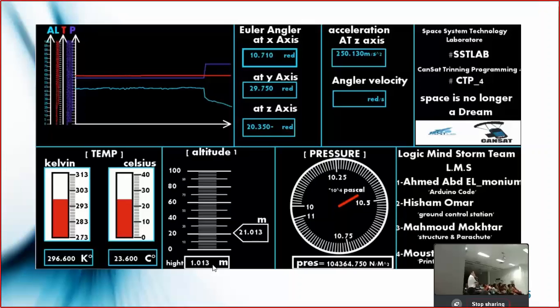We have 2 values. The first one is for the height of our reference line, which is the ground or the 0 level that we stand on, while the 21 meters is the level relative to sea level. We have the pressure in a meter and in digital display.